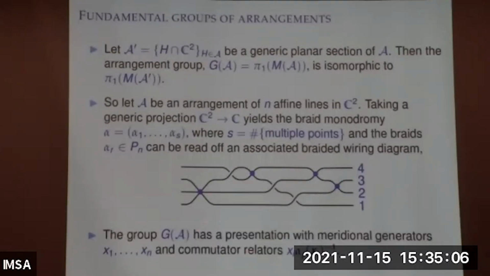And from that, we get a bunch of local braids, alpha 1 through alpha s, where s is the number of multiple points. And these braids are not arbitrary braids, but actually pure braids. They begin and end at the same position. It's sort of like the presentation you get for the fundamental group of the complement of a knot or link in S3 by this method.